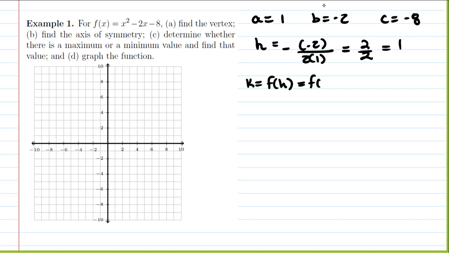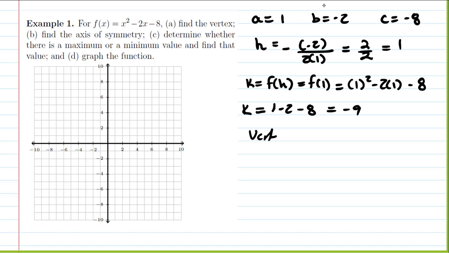And then k is equal to f of h. Well, in this case, that's f of 1. So it's going to be 1 squared minus 2 times 1 take away 8. So that gives me that k equals 1 minus 2 take away 8. So that's going to be negative 9.